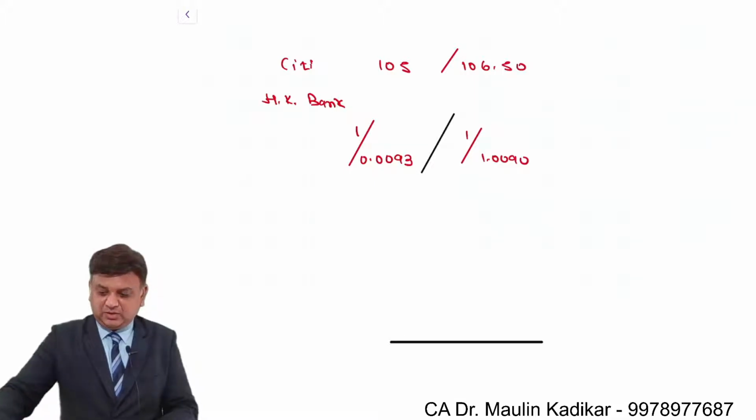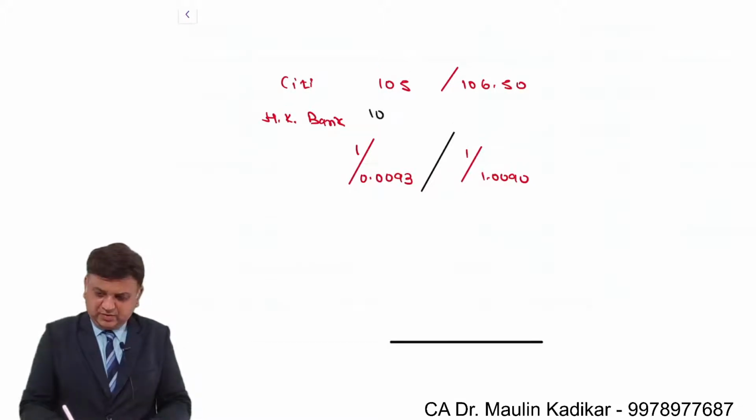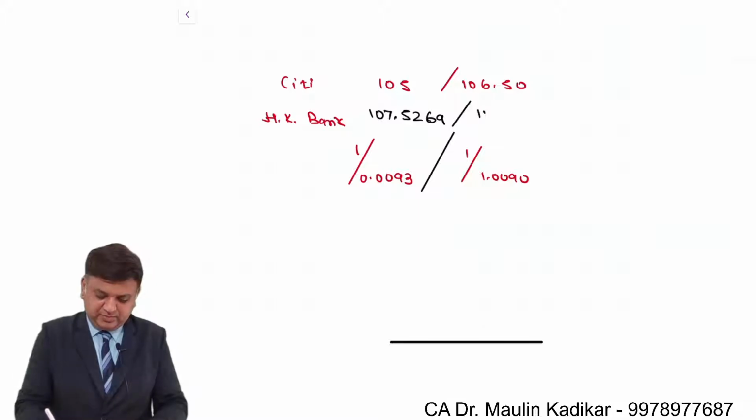So please use your calculator. 1 divided by 0.0093 is 107.5269. Sorry, 107.5269 slash, use a calculator, 1 divided by 0.009, 111.11. This is the exchange rate for yen per dollar. Again, it is yen per dollar.